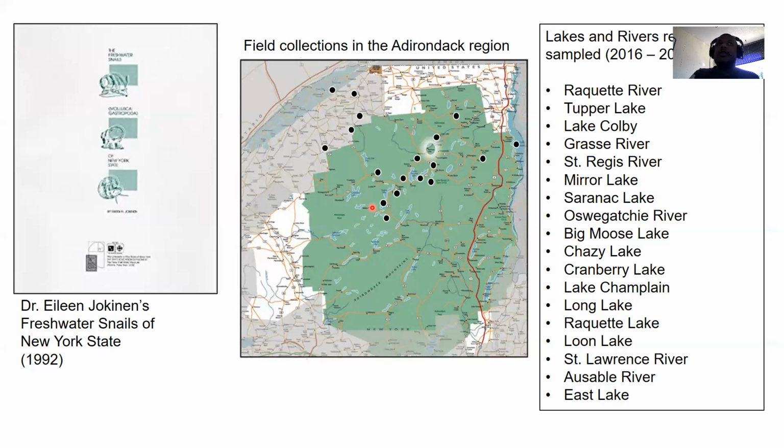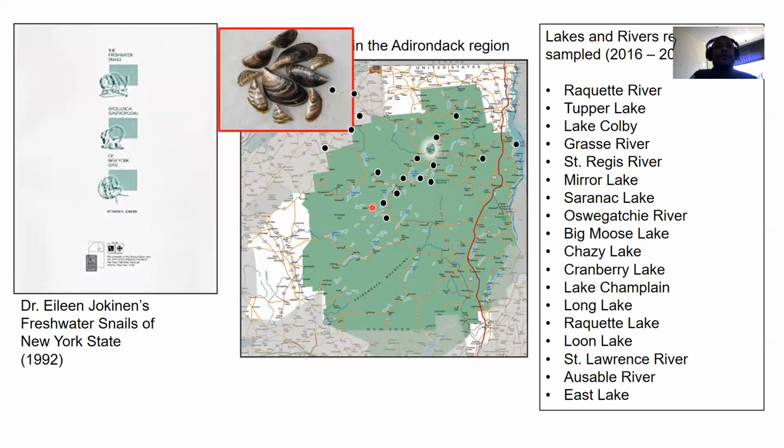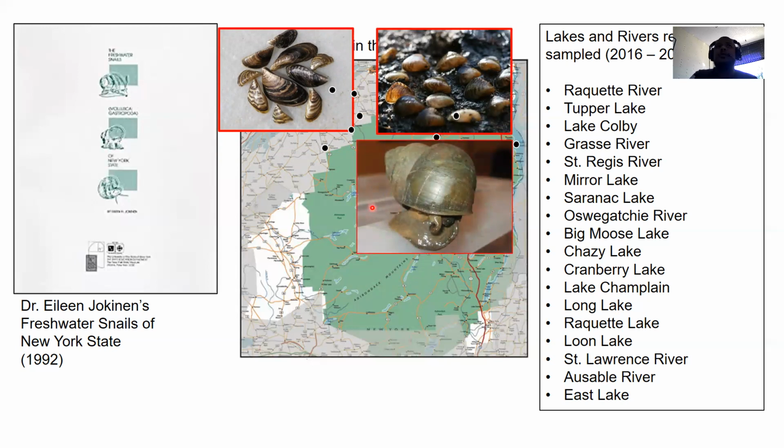Now, the first thing I noticed was that many of the snails we were collecting, we can find in Dr. Jokinen's surveys. The zebra mussels, well, first of all, that's a bivalve, so we're not going to find it there anyway. But the thing we noticed was that even with the bivalves and the gastropods, everything was basically invasive, right?